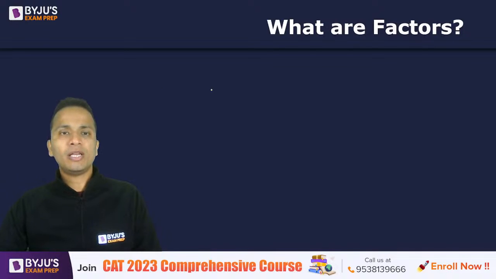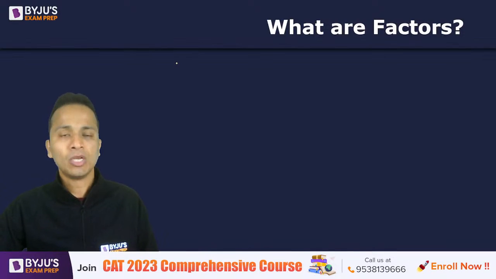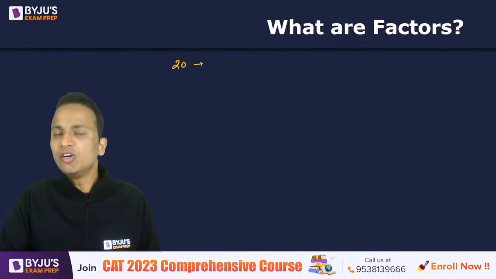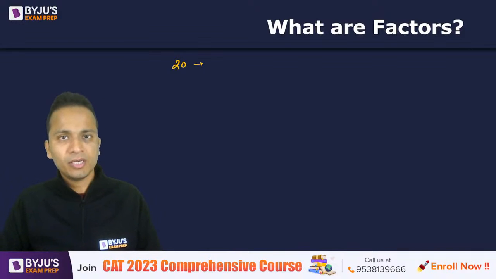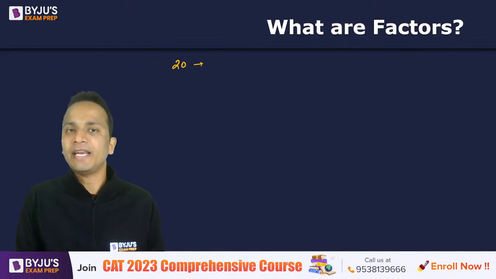So first of all, let us understand what factors are. I'll take a number and we'll try to write all its factors. Let's take the number 20. The factors of 20 will be all those numbers which are less than or equal to 20 and completely divide 20.